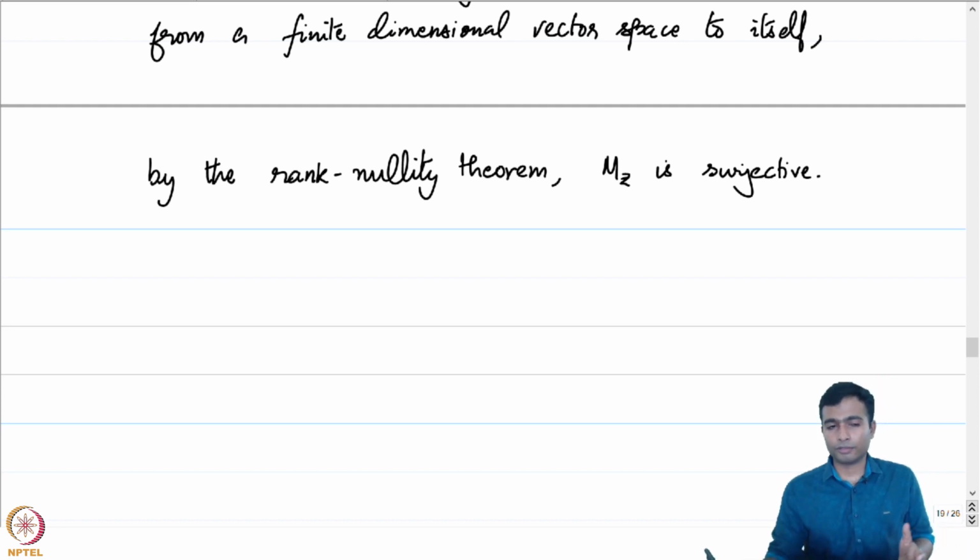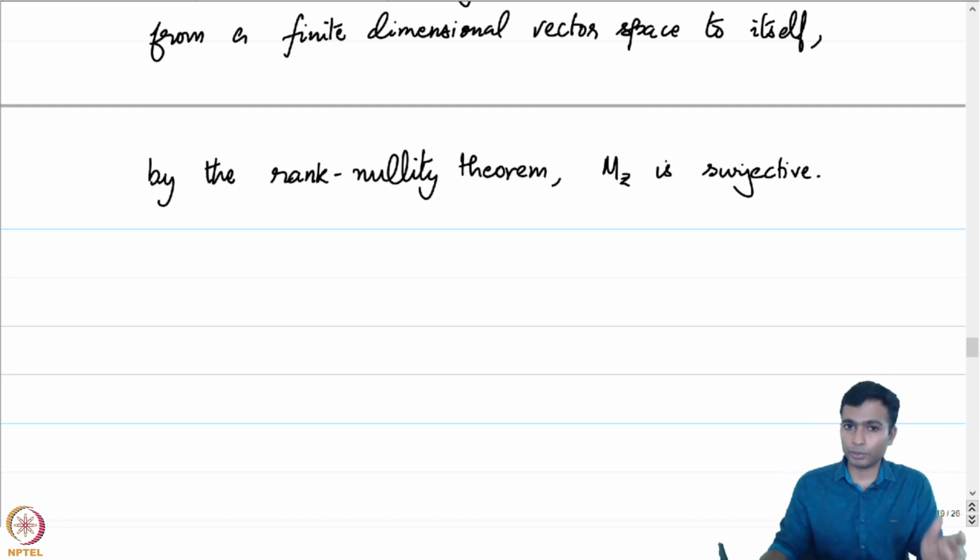That means there exists some W prime such that Z times W prime is the coset represented by 1.